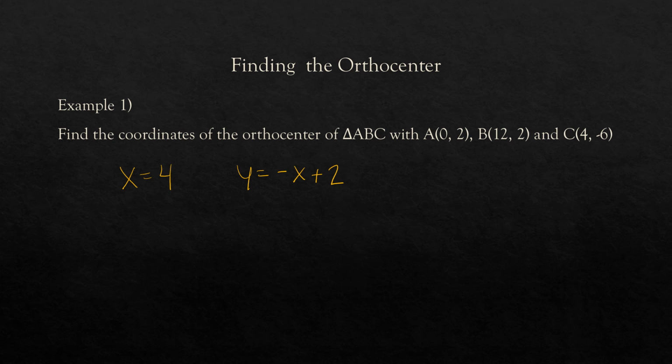I'm going to put these two together so I can substitute the x is equal to 4 into this equation. Y is equal to negative 4 plus 2. So y is equal to negative 2. So our point is at 4, negative 2, our point of intersection, which would be our orthocenter.